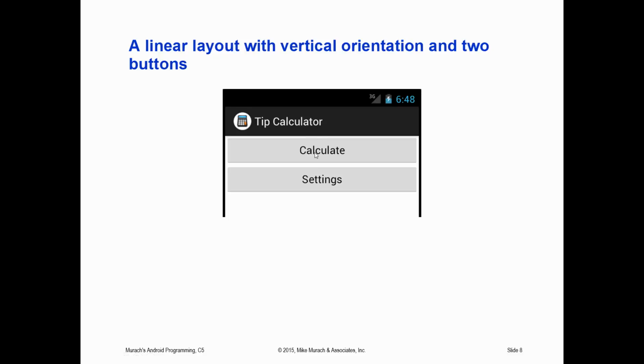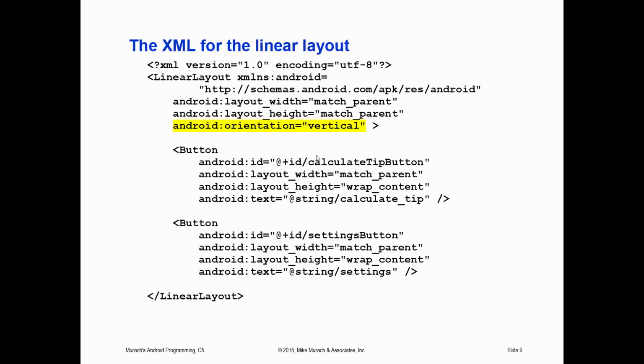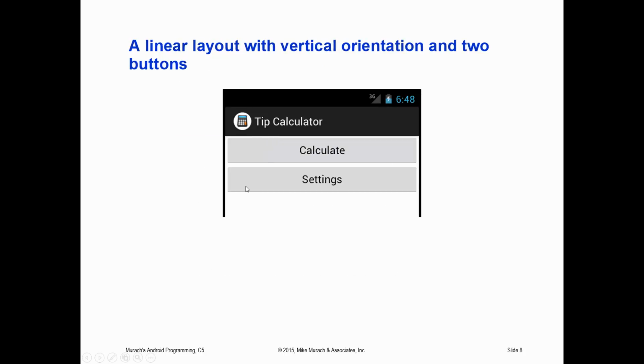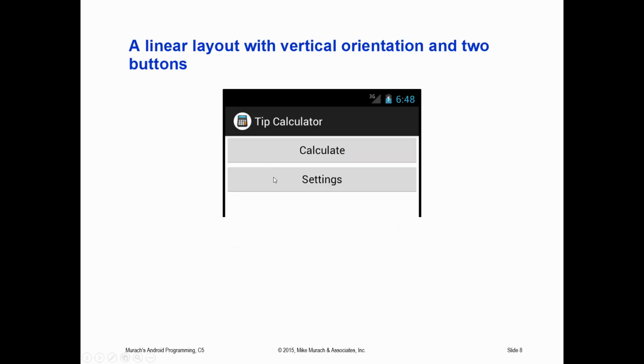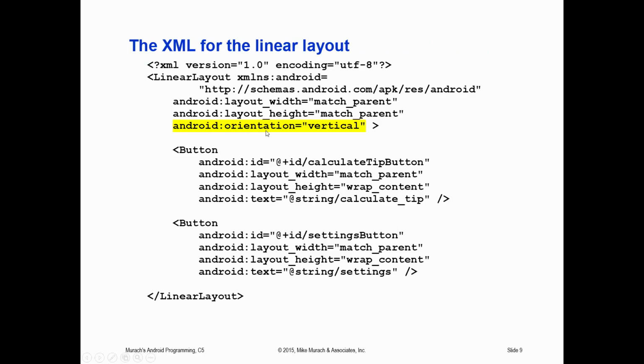So a linear layout displays a column or row of child widgets. This right here comes from this associated XML. Again, vertical layout, orientation equal vertical.